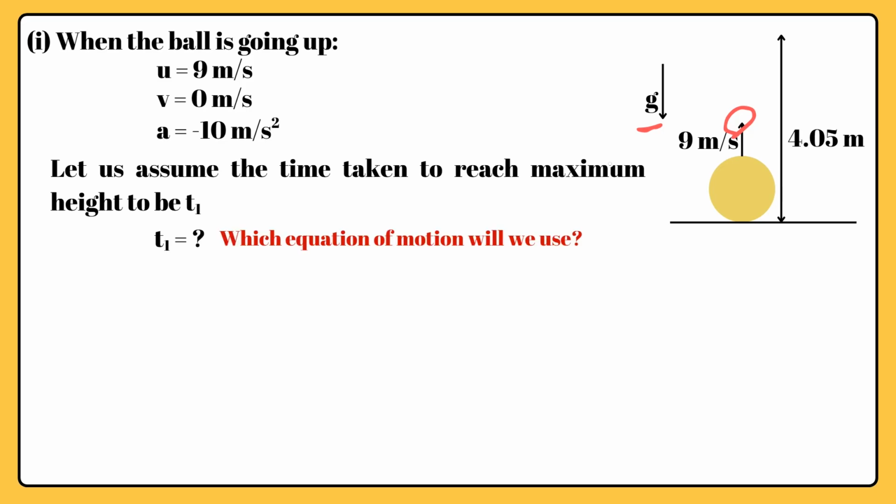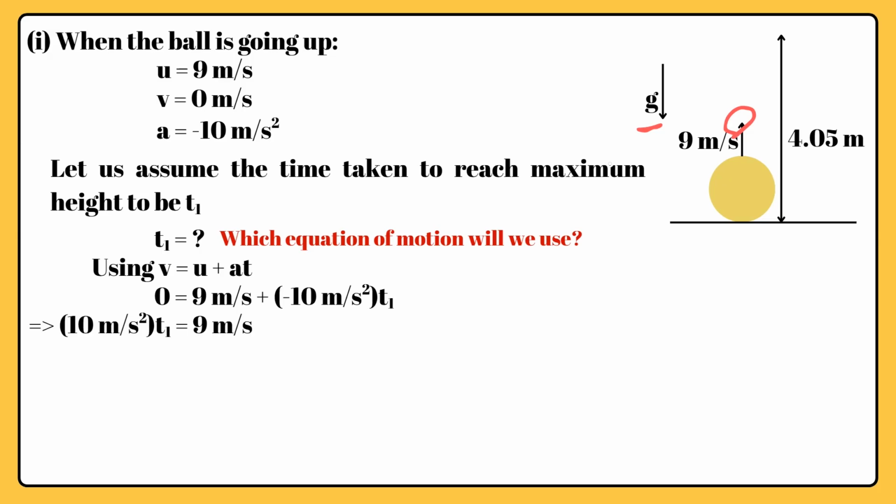So we have the values of u, v, a, and we need to find the value of t. So we will use the equation v = u + at. We plug in the values: v as 0, u as 9 meters per second, a as minus 10 meters per square second, and t as t1, and solve this equation.